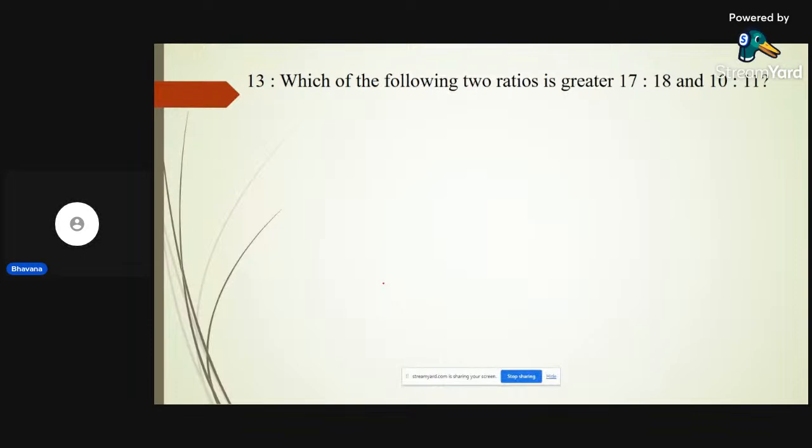So next, which of the following two ratios is greater? So comment these answers. Which is the greater one?